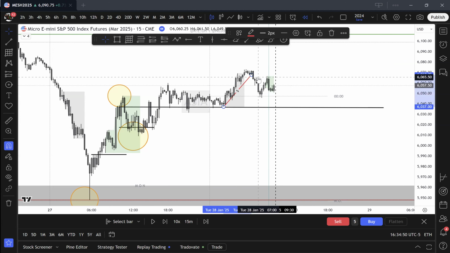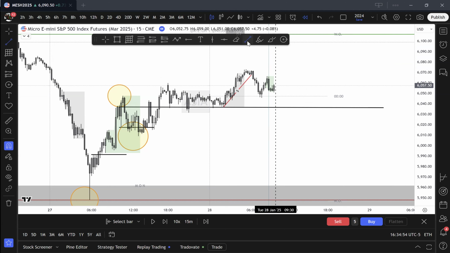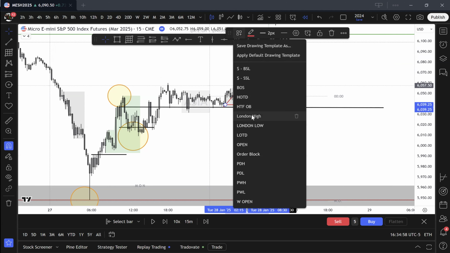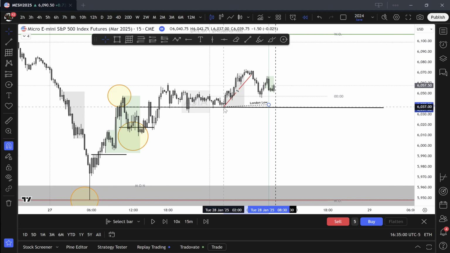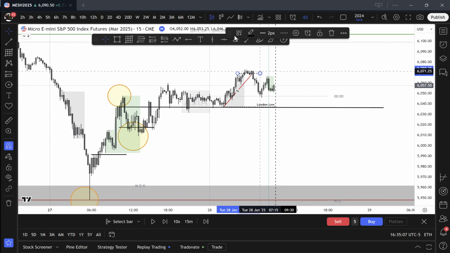So you got all this sell side liquidity, all these lows that are more than likely to get ran, including this session low, right? Let's just mark this up like this. Boom. And then we got our London high. Obviously, you guys see this.